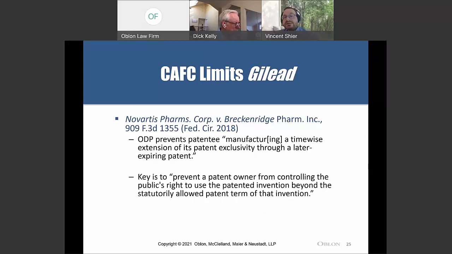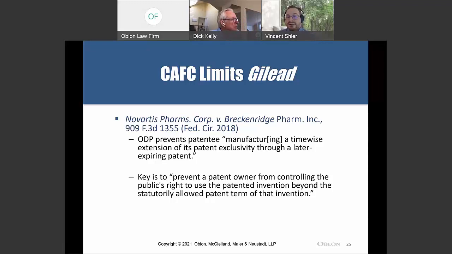So as part of the analysis, the focus was on what really the objective of obvious double patenting is, and that was to prevent the patentee from manufacturing a time-wise extension of exclusivity through later expiring patents, and also to prevent the patent owner from controlling the public's right to use the invention beyond its statutorily allowed patent term.